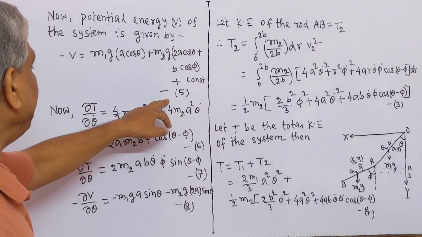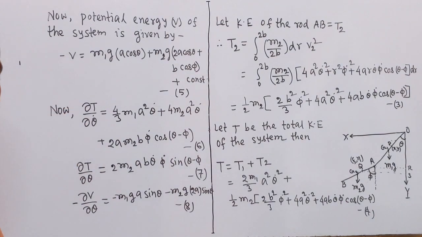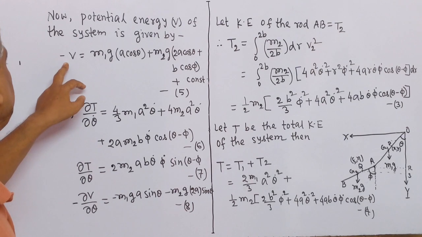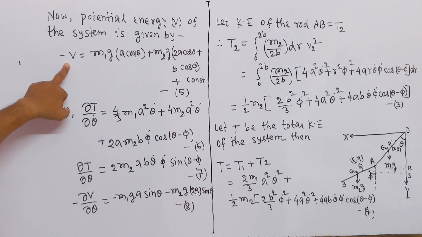Let this be number 5. We have used the term reduction in potential energy, so we have written here minus V.